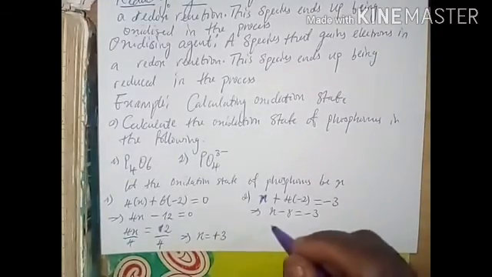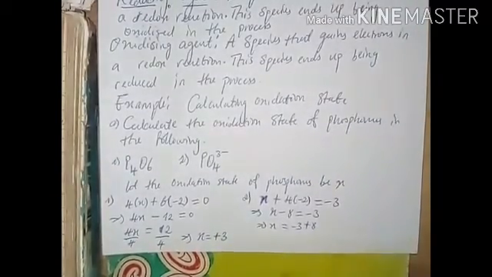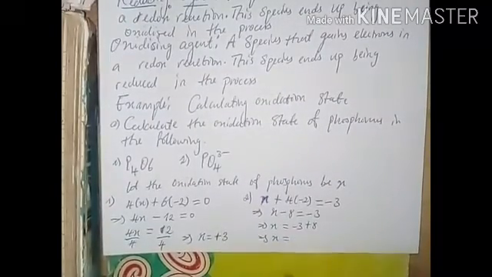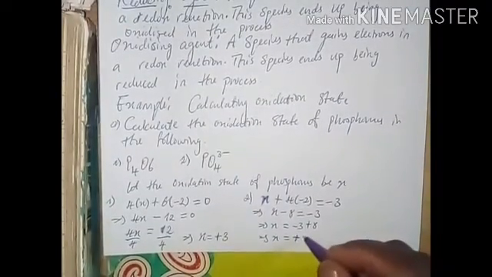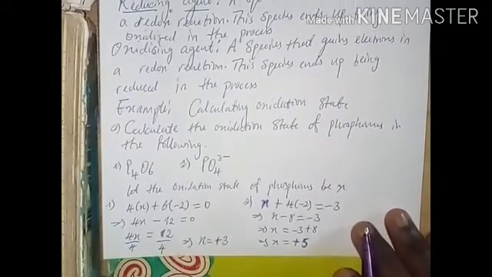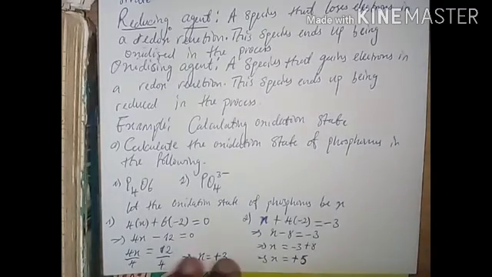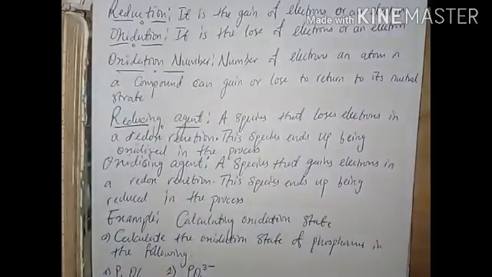You send -8 to that side to imply that X should be equal to -3 plus 8. And from here we imply that X is equal to plus 5. 8 minus 3 is equal to plus 5. So these are the cases where we have had the oxidation state of phosphorus in this compound and in this ion.